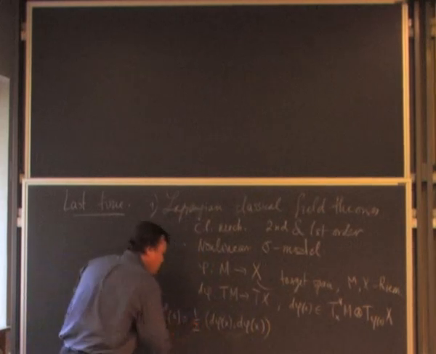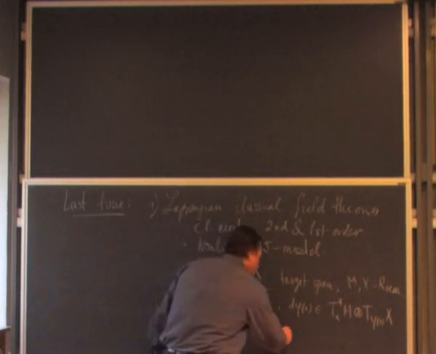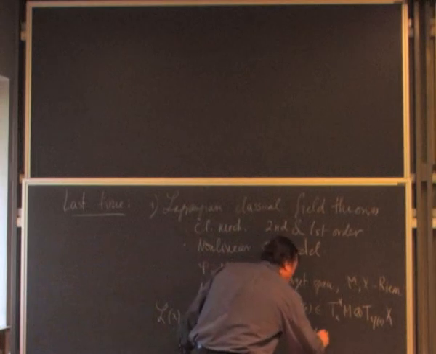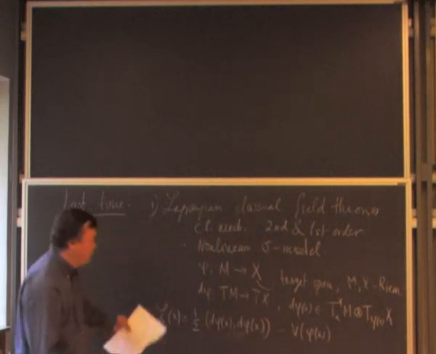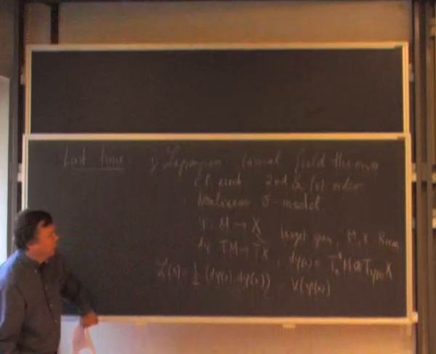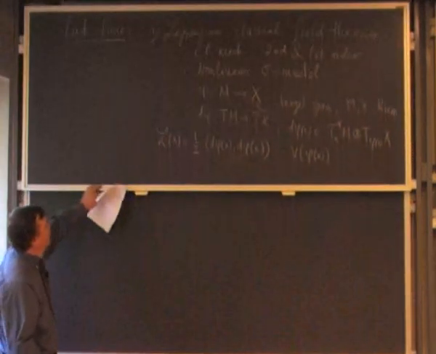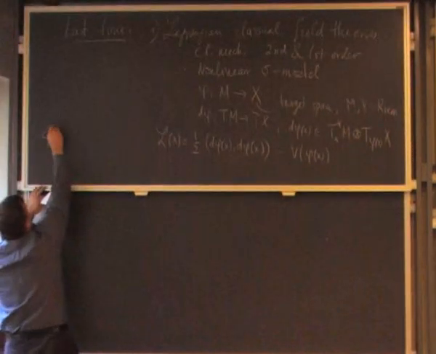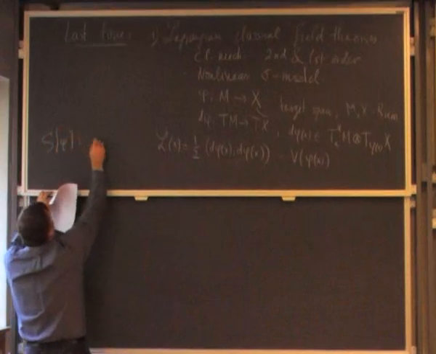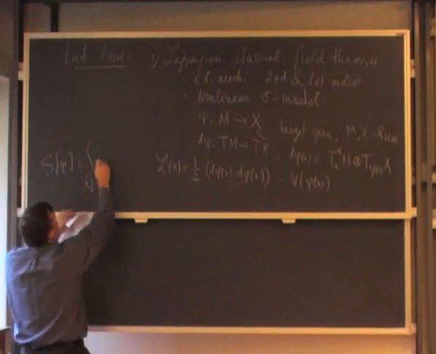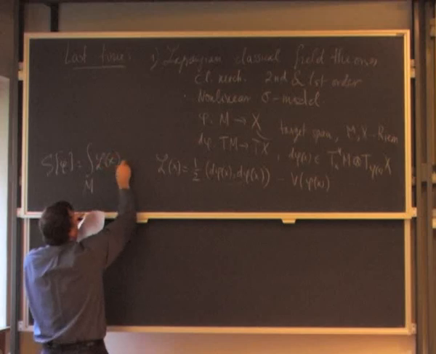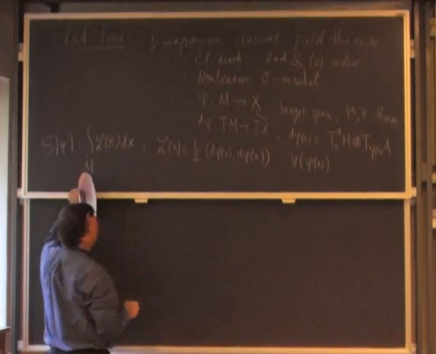This is the Lagrangian, and then you can add the potential function. It would describe the self-interaction of this scalar field with itself. And then the action is the integral of the Lagrangian with respect to the Riemannian volume.